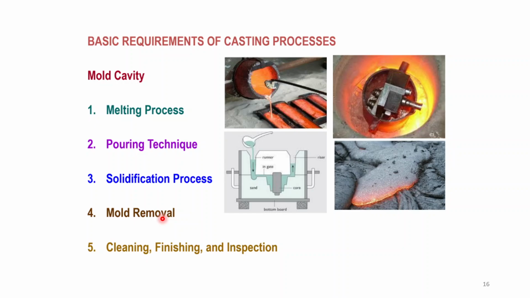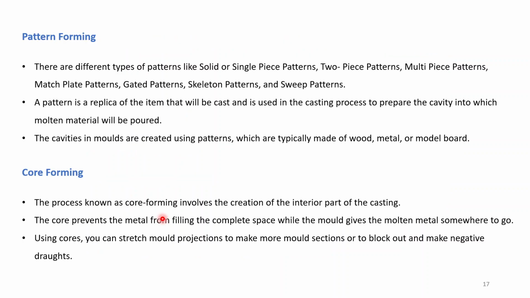After pouring you provide some time for solidification, and after the casting solidifies you remove it from the mold. Mold removal or ejection, and after that you clean the surface. After cleaning and finishing, which can be done using grinding and other processes, finally you inspect your material for defects, and if it is okay then you take it further. Now we'll go through all these processes briefly.